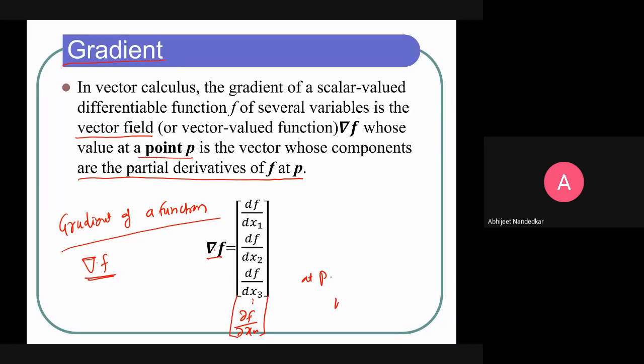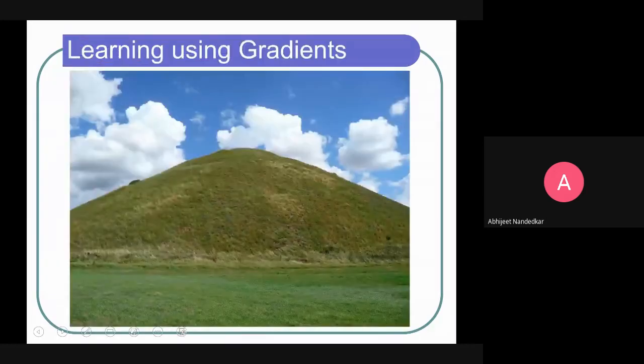Now, what is the physical meaning of the gradient? Now, assume this is a small mountain and this is the peak of the mountain, the highest point, and this is some axis.